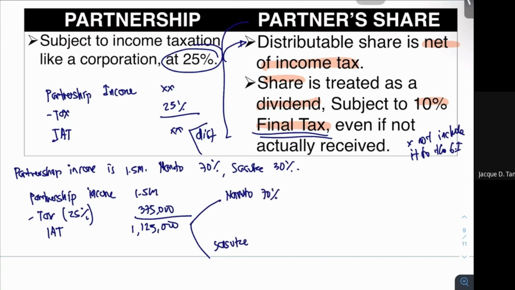70% for Naruto, 30% for Sasuke. So the 70% will yield 787,500. And that is subject to a final tax of 10%. So this is 78,750.